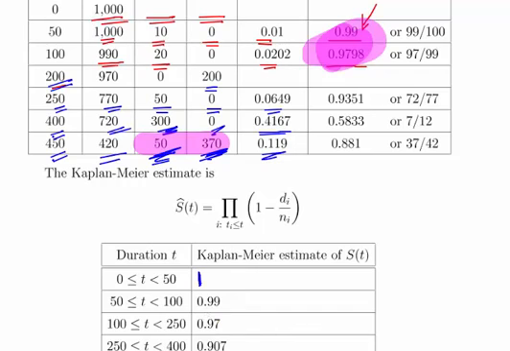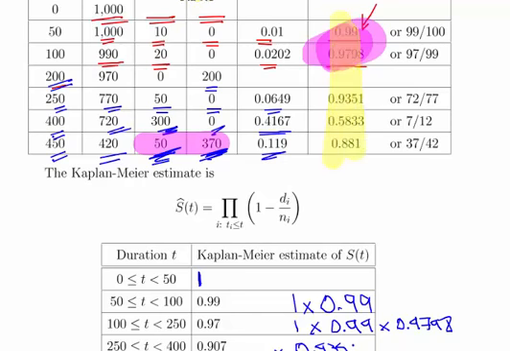So in the second case, what we have is 1 times 0.99, and this is 1 times 0.99 by 0.9798, and so on. And what we do here is we multiply it by 0.935. We just keep multiplying these cumulatively, these numbers here, okay? And that's how we come up with these calculations.